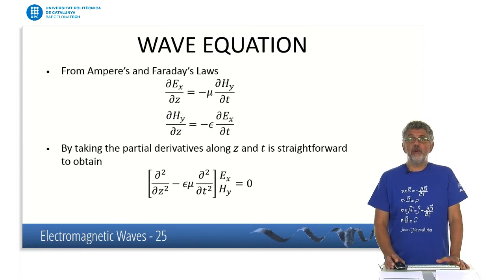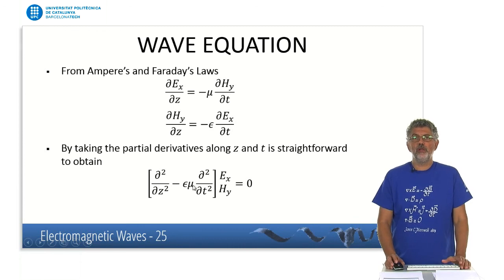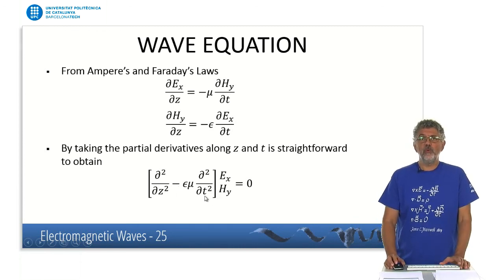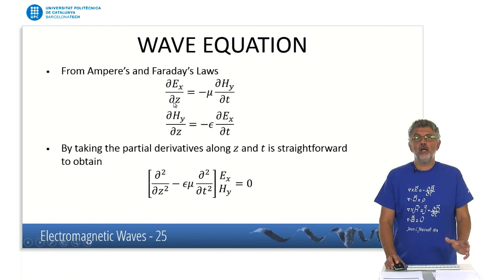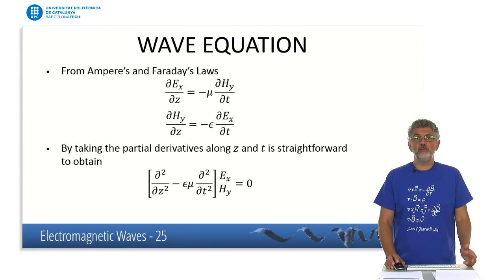By taking partial derivatives along z and t, it's straightforward to derive this expression. This is the wave equation for the one-dimensional case, and it is very important to note how the electric and the magnetic fields are somehow related, interlaced between them.